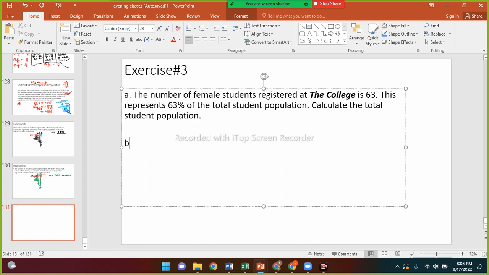That's A. B: The number of female students registered at Oakwood University is 252.